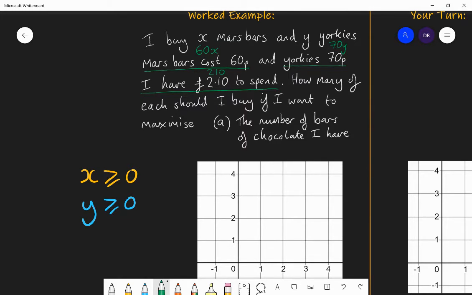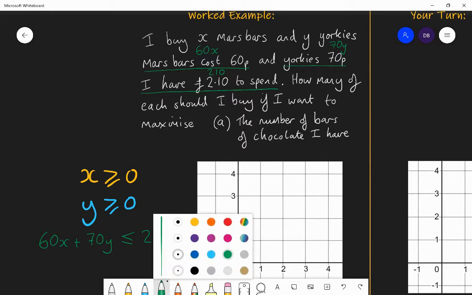So in total, I will spend 60x plus 70y. That is what I will spend in total, and that cannot exceed £2.10. £2.10 is the most it can be. So that is less than or equal to 210 because I'm working in pence here. So those are my 3 inequalities that I can use.